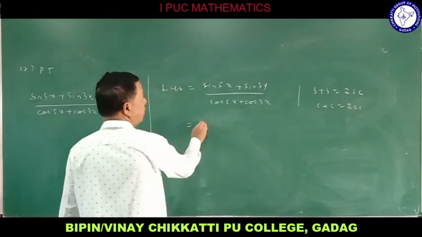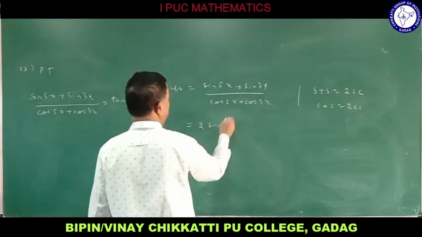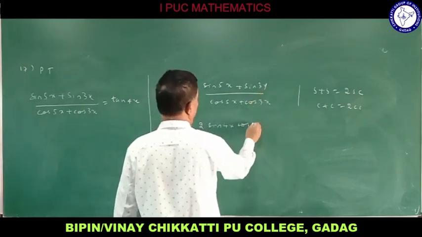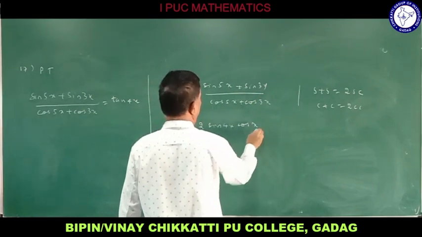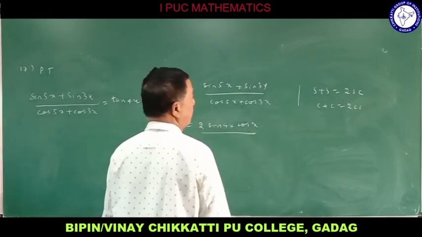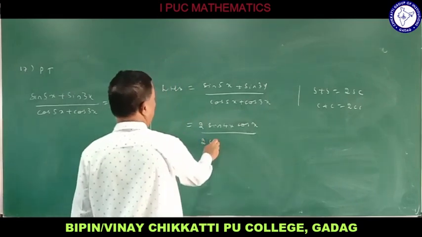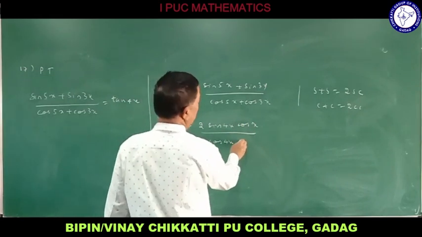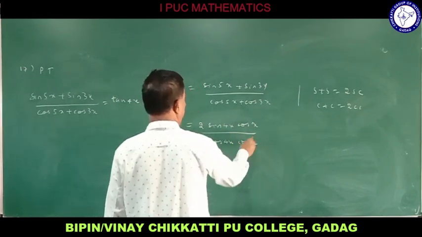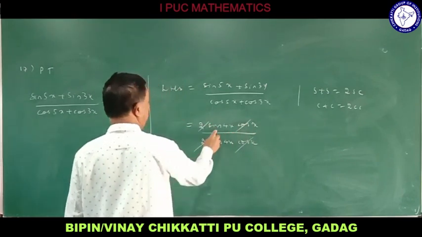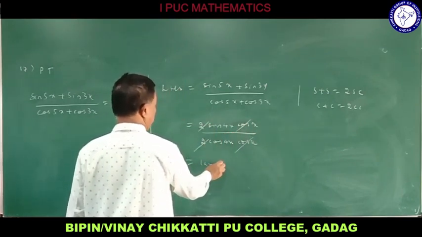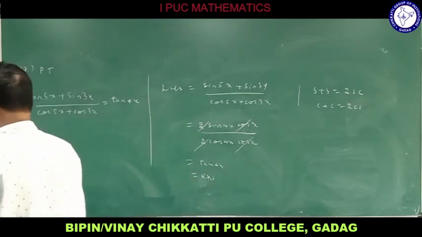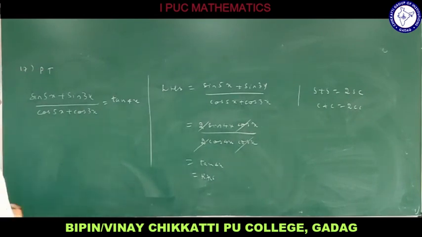Using it, we get 2 sin of (5+3)/2, which is 4x, and cos of (5-3)/2, which is cos x, divided by 2 cos 4x cos x. The cos x cancels, and we get sin 4x divided by cos 4x, which is tan 4x, and this is the RHS. This is how you can apply the transformation formula.